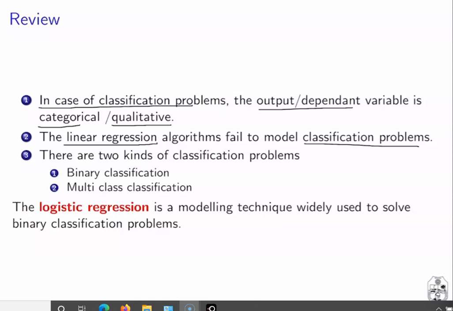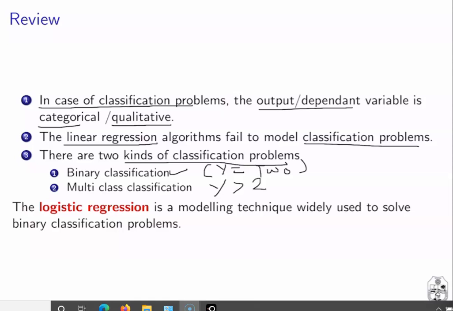We also saw that there are two kinds of classification problems. One is called binary classification, in which the output variable y has only two values. In multi-class classification problems, the output variable y has more than two values.